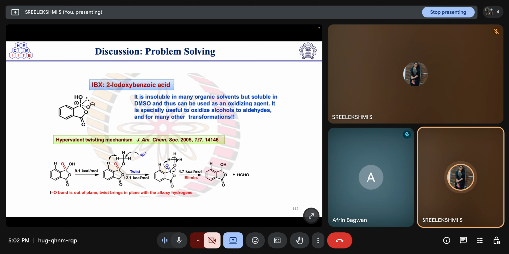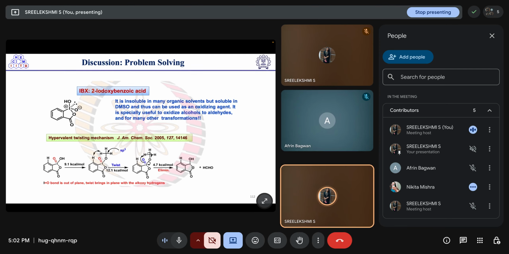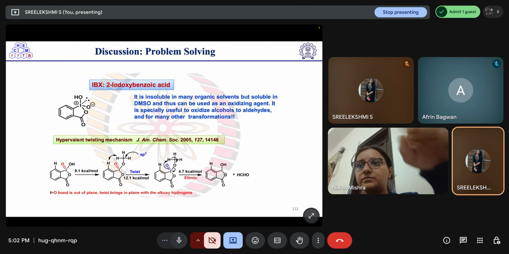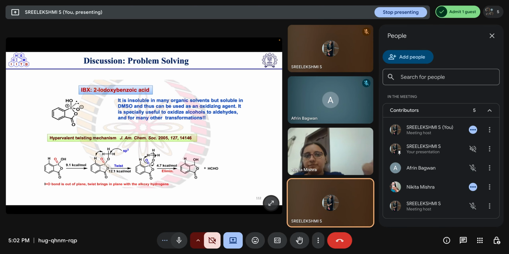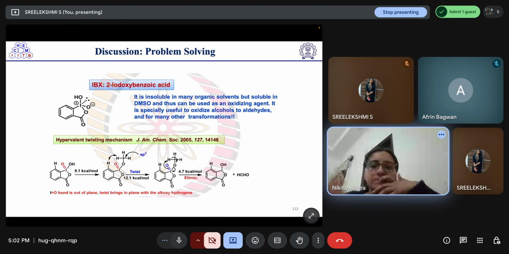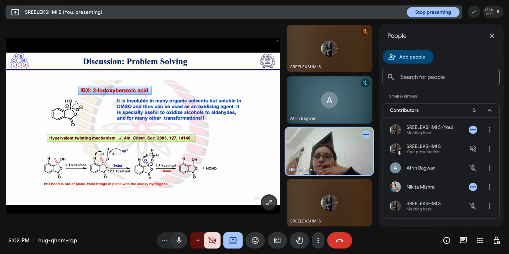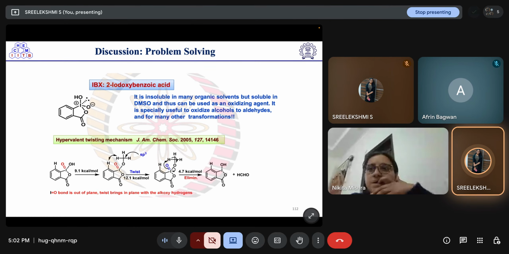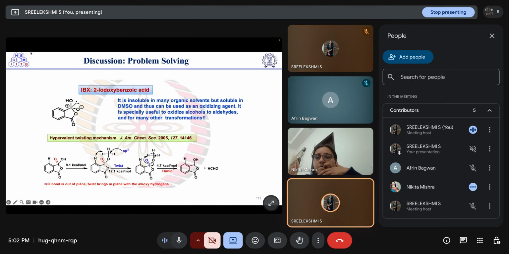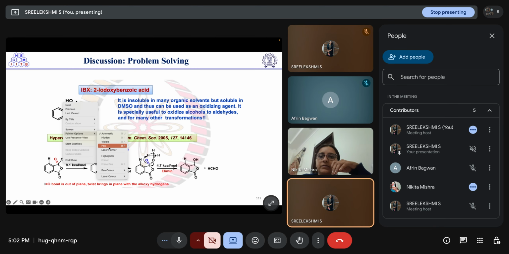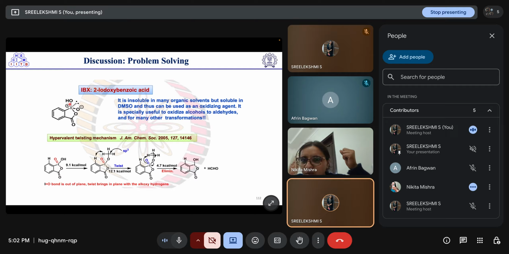In the week 3 lecture, the first lecture, which was lecture 11, we started with this iodobenzoic acid mediated oxidation. So this is the structure of 2-iodoxybenzoic acid.